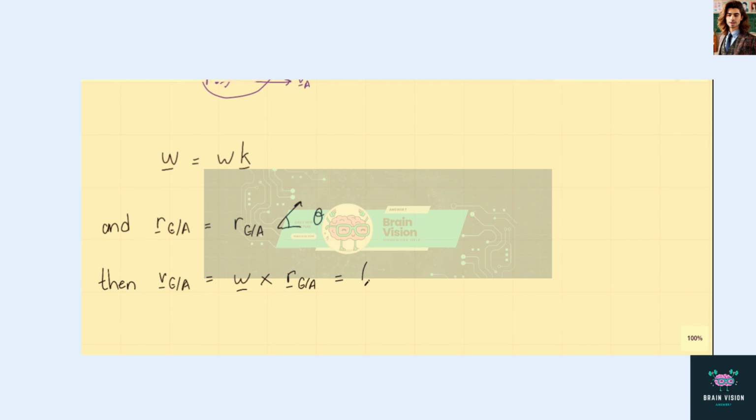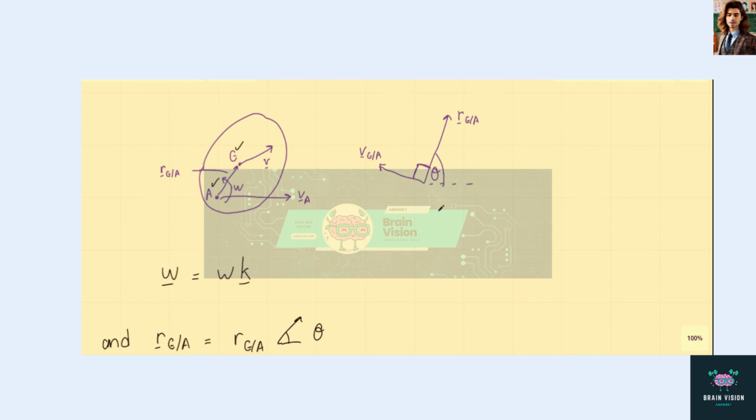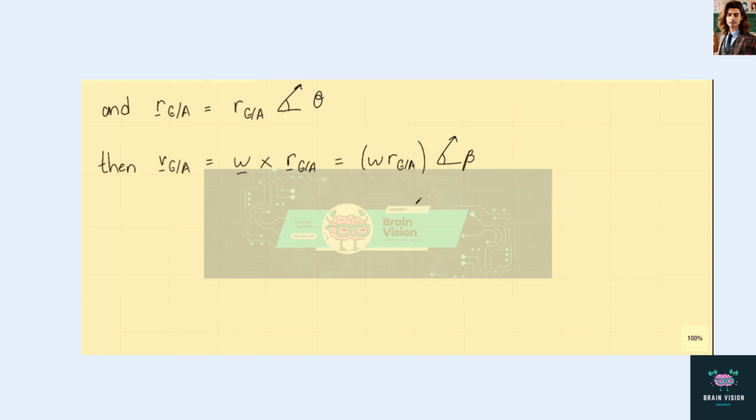And this is the magnitudes omega and r_GA at some other angle beta. But as we can see from here, beta is simply theta plus 90 degrees. So we can see that beta is equal to theta plus 90 degrees.